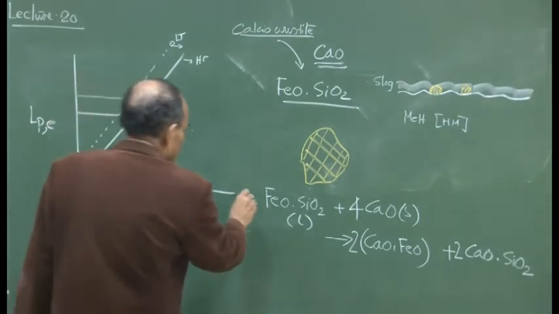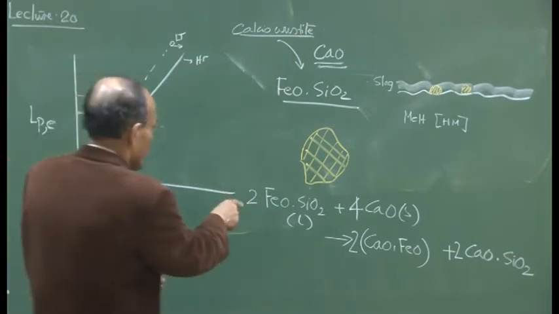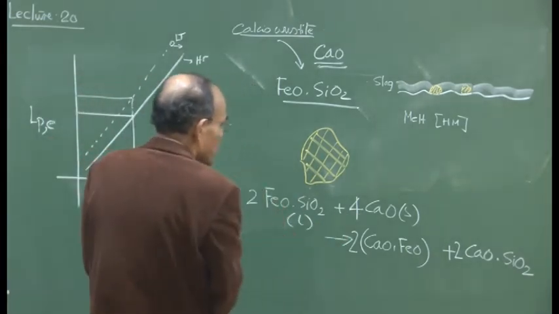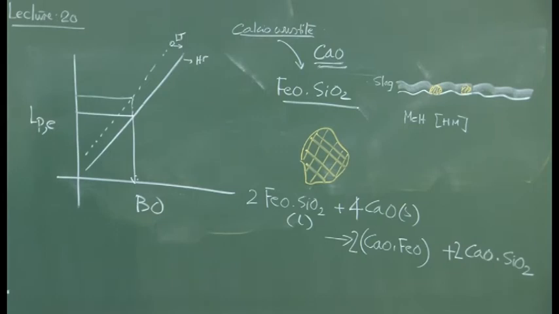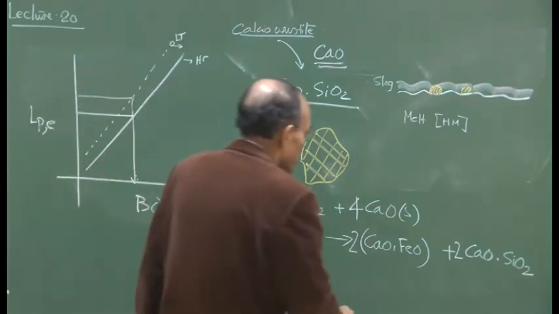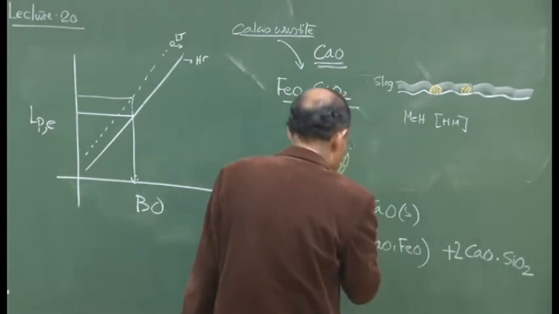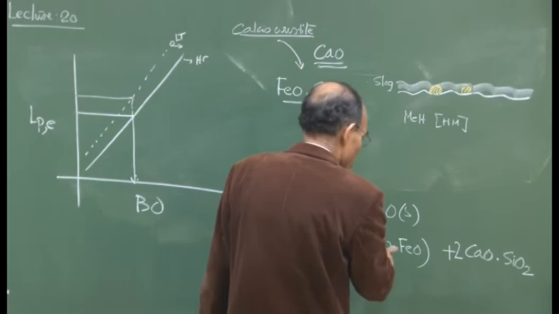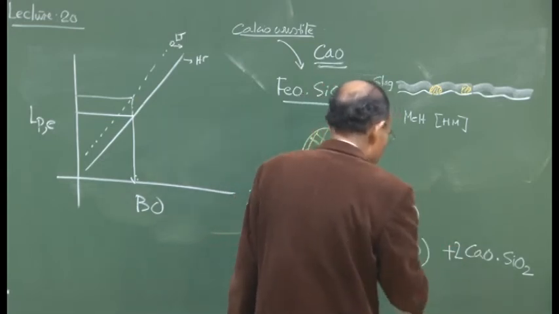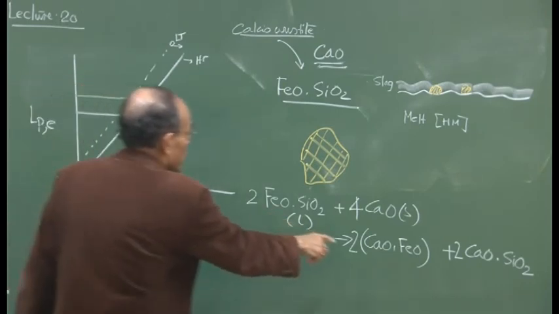So, you can adjust it, 2 FeO, 2 SiO2, okay, that is fine. Dicalcium silicate. So, you can write it, 2CO. So, we have 2 FeO, SiO2. So, that is fine.